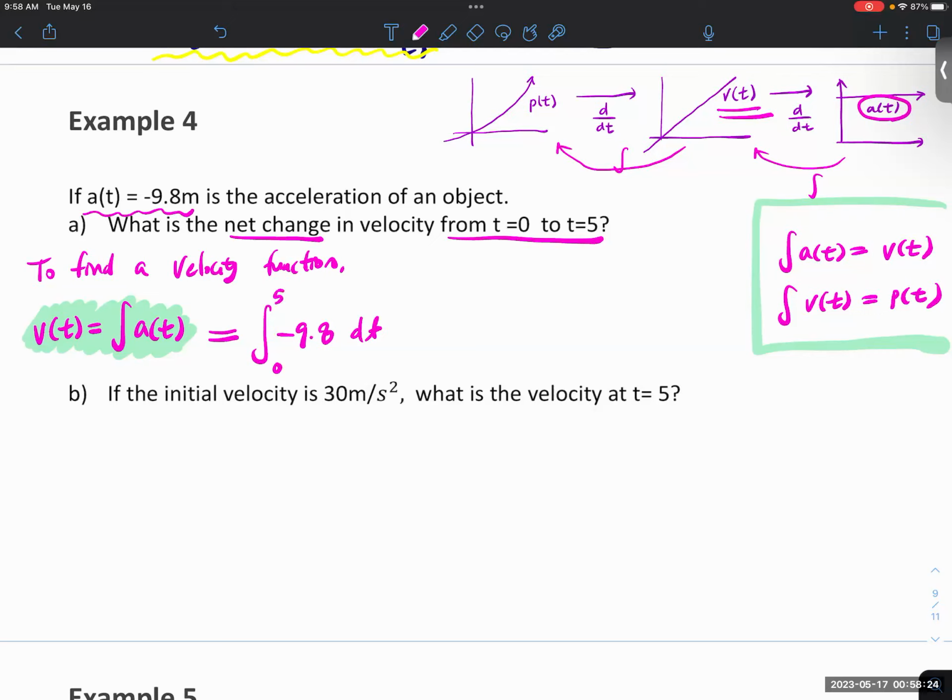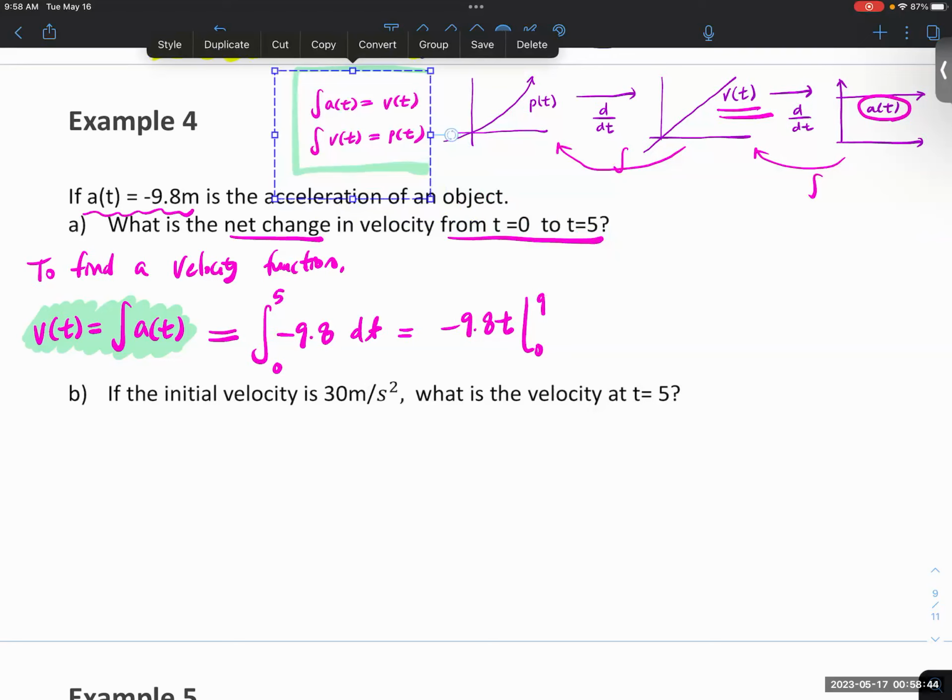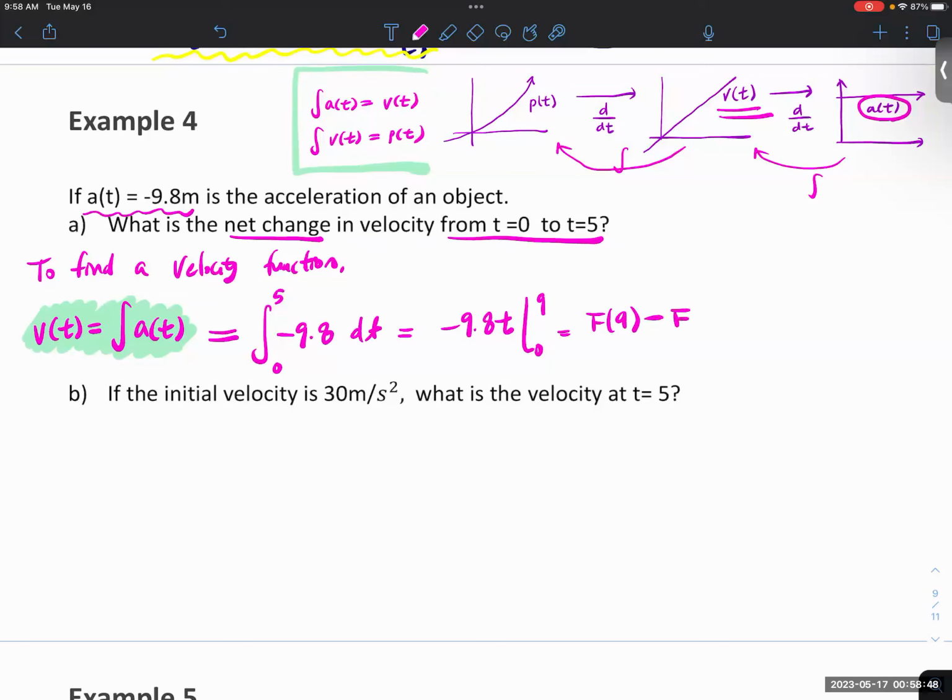That's it. We're going to work on this. Now the integral of negative 9.8 is just negative 9.8t because that was a constant. You keep one variable. So negative 9.8t from 0 to 9. Let me just minimize this part. So that means capital 9 minus 0.